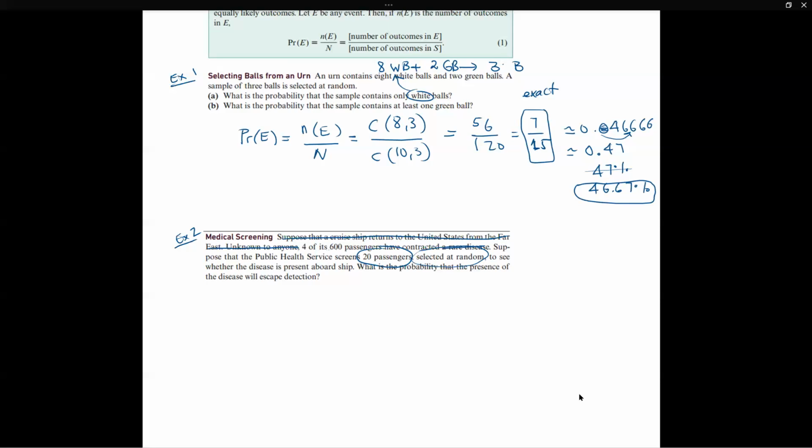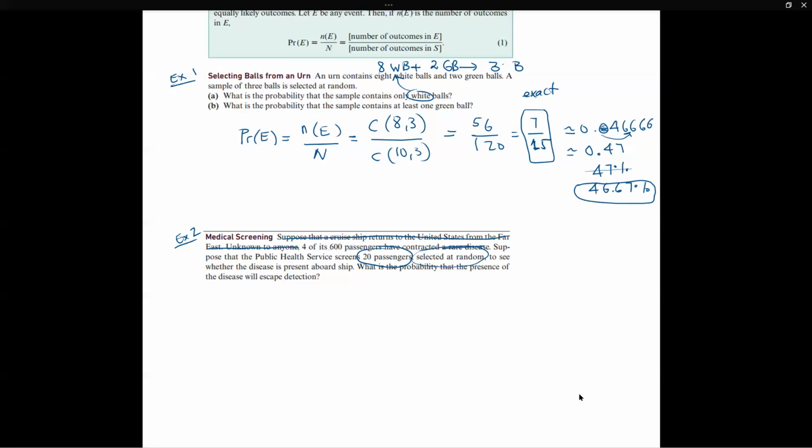Based on example 1, it just looks like you're taking at random, right? So the sample space here consists of 20 drawn from 600, right?